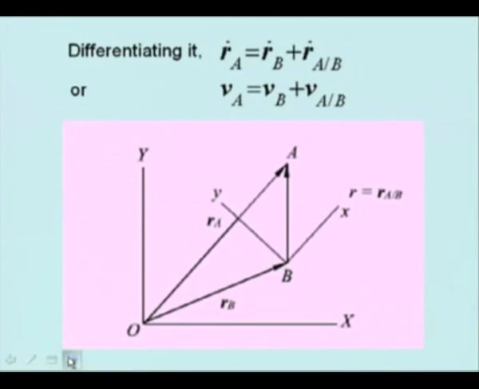Similarly, R B is the position vector of B in the capital X capital Y reference frame.